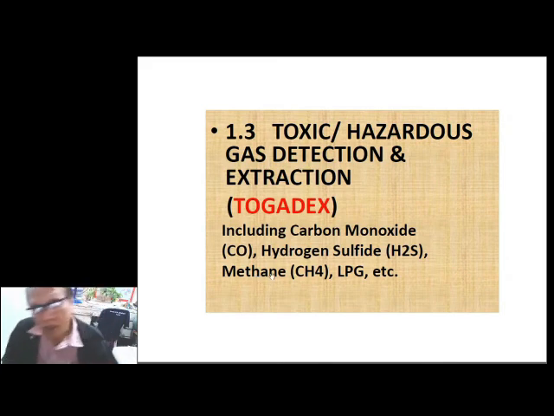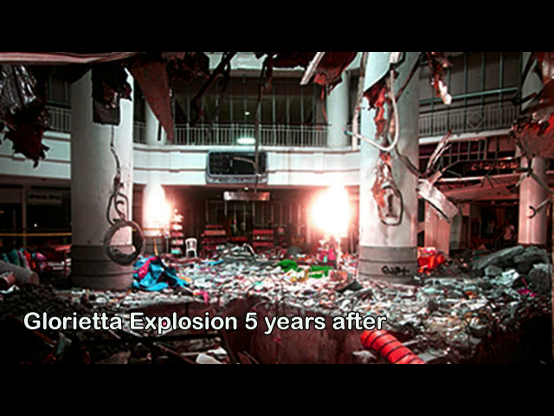So delikado rin kasi kung di mo ma-detect na meron kang methane doon at nagkaroon ng spark, pwede mangyari yung malaking pagsabog katulad nangyari doon sa Glorieta noong 2007. Kung maalala nyo yung Glorieta 2, sumabog noong 2007.